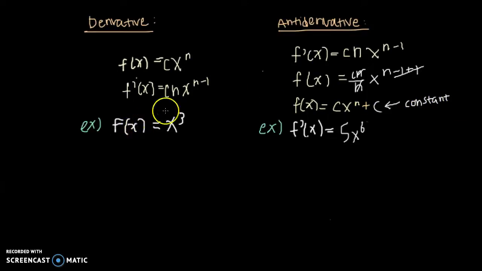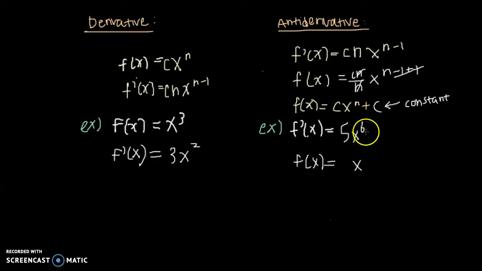So let's look at an example right here. f of x equals x cubed. So the derivative would be, we pull down 3, so 3x, and then we subtract 1, so it's squared. But for the antiderivative, we're given f prime of x, which is 5x to the 6th. So we have to find f of x.